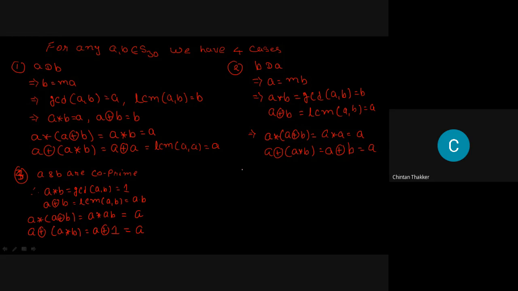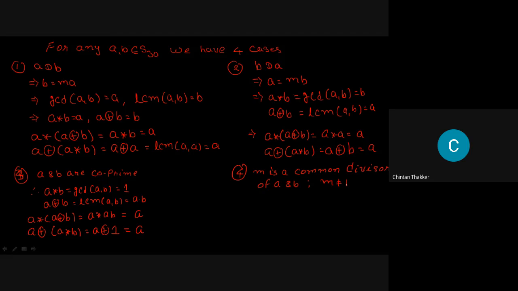Then the fourth case: M is a common divisor of A and B, and M is not equal to 1.